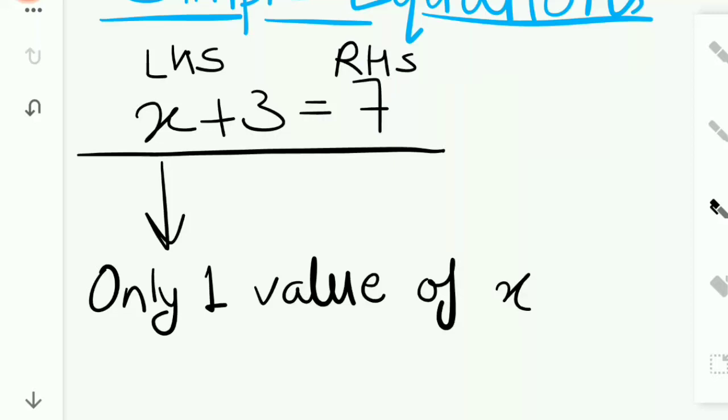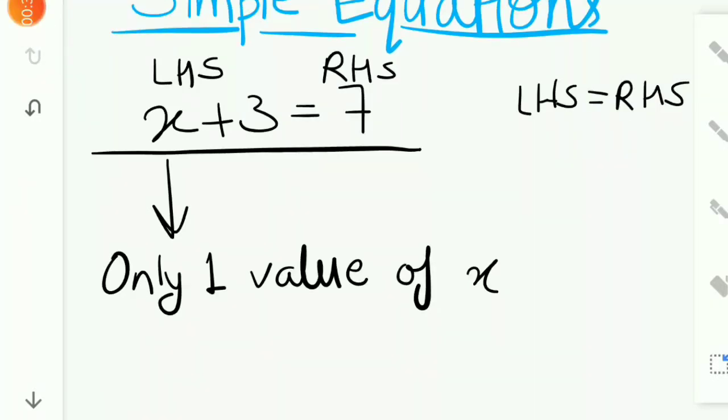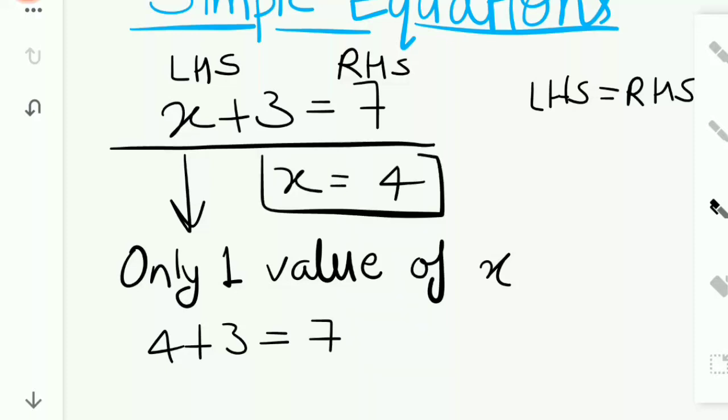Balances means LHS equal to RHS. In this case, x plus 3 equal to 7, we very well know that 4 plus 3 equal to 7. So x equal to 4 here.